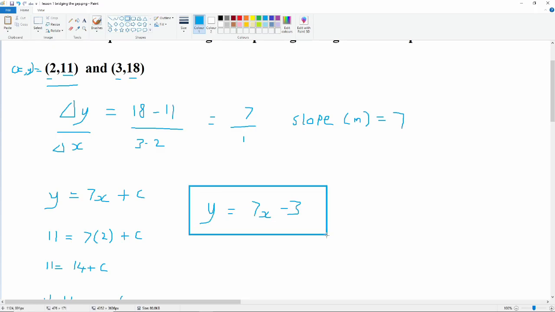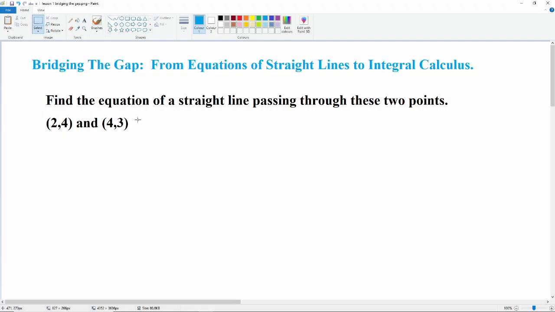And let's just do one more so that we're comfortable. Okay, so this time we're asked to find the equation for the straight line passing through the points 2, 4 and 4, 3.